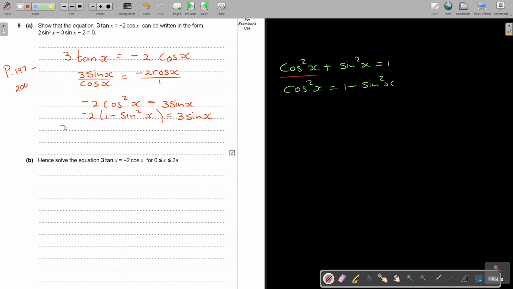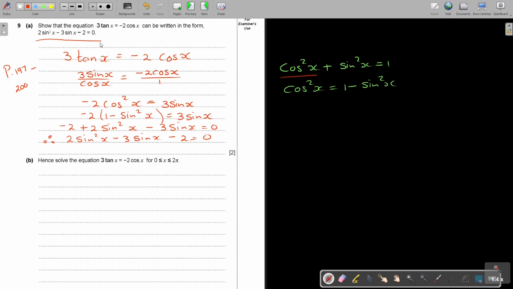So it's negative 2 plus 2, it becomes a positive, okay? And take the 3 sin x over and put it equal to 0. So it's going to be 2 sin square x minus 3 sin x minus 2 is equal to 0. So you can actually say therefore, and that's exactly what's standing there. Okay. So that was not difficult.